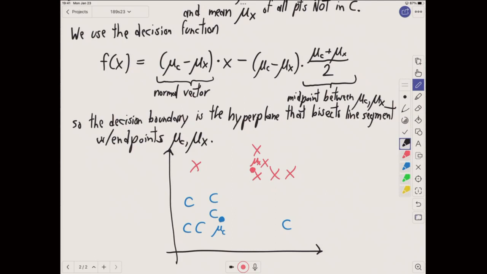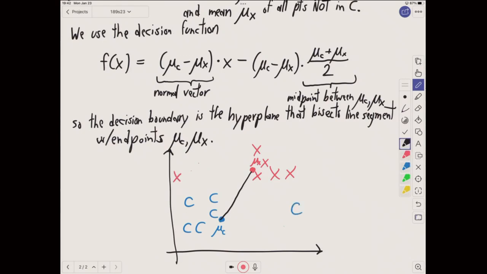So this is going to be our normal vector. And since I didn't draw it quite right, I need to move these a little bit, because I want to give you an example where this doesn't work perfectly.